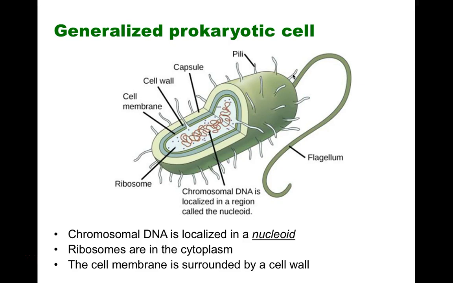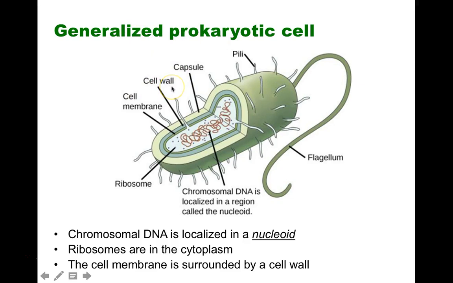As we're going from the outside in, we might find a structure called a capsule. A capsule may be found on certain types of prokaryotic cells to give the cell extra protection and extra structure. In addition to a capsule, we might find a cell wall.